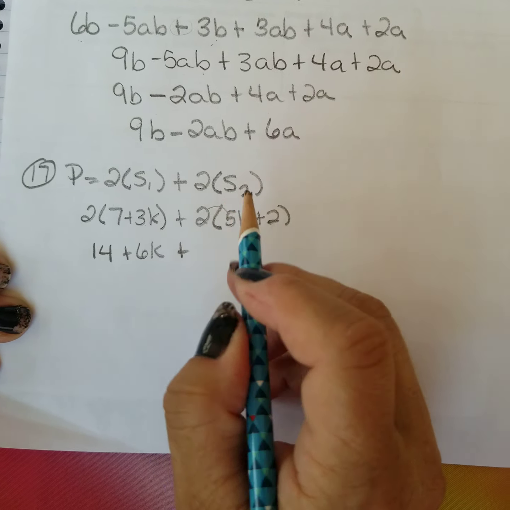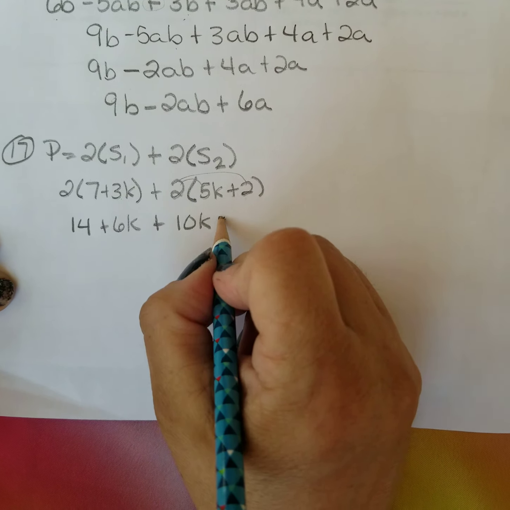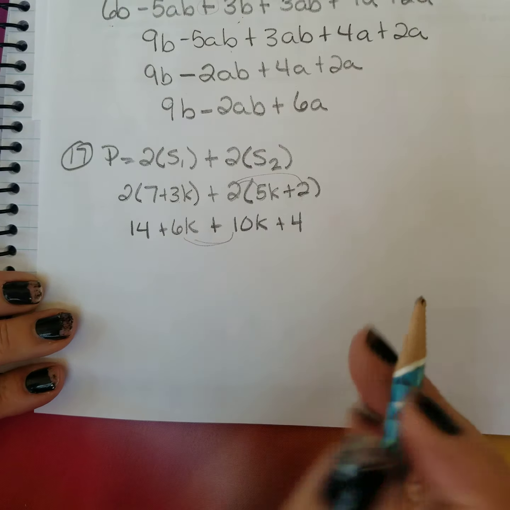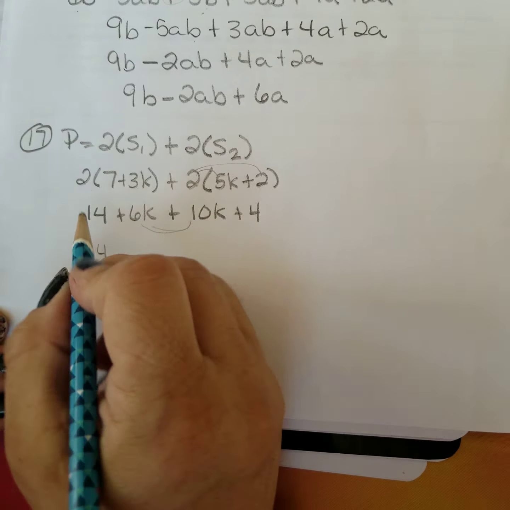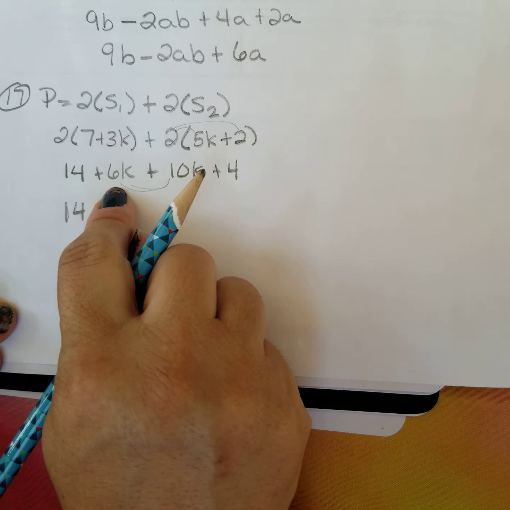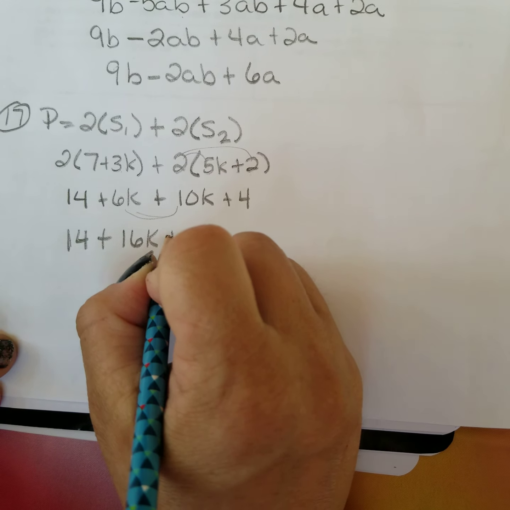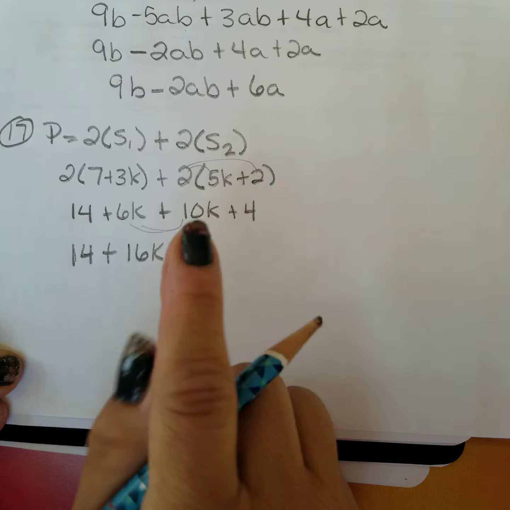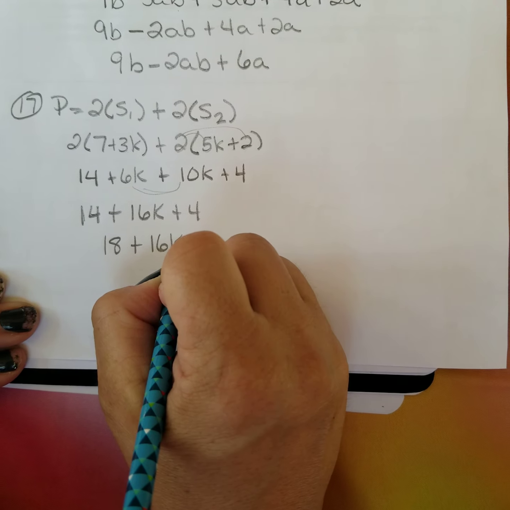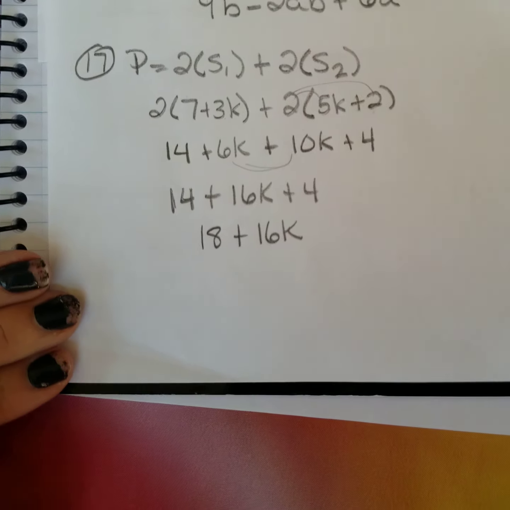Plus 2 times 5k, which is 10k. 2 times 2, which is plus 4. Here are my k's in the center. 6k plus 10k is 16k, plus 4. 14 plus 4 would be 18 plus 16k. That is your perimeter for number 17.